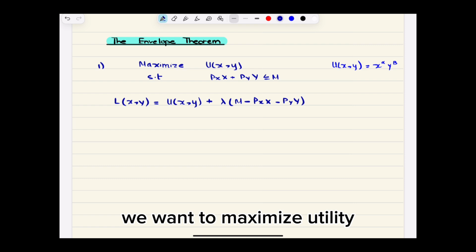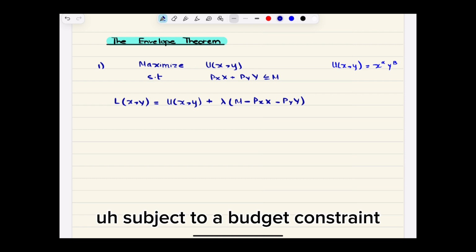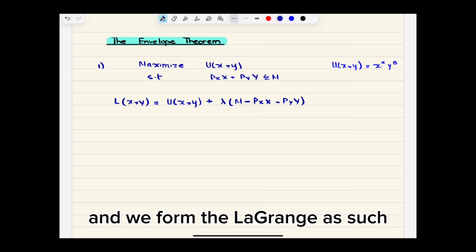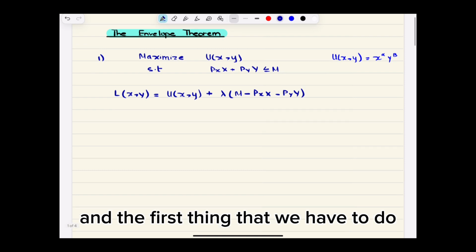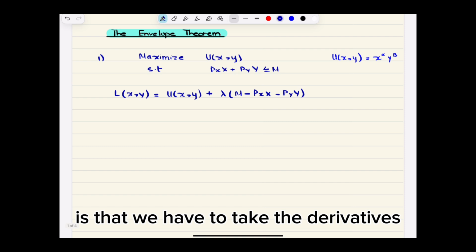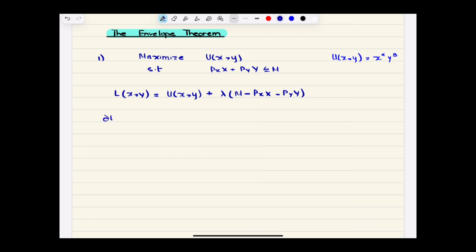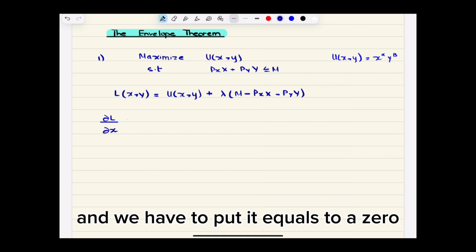We want to maximize utility subject to a budget constraint, and we form the Lagrangian as such. The first thing that we have to do is take the derivative of L with respect to x, and put it equal to 0.